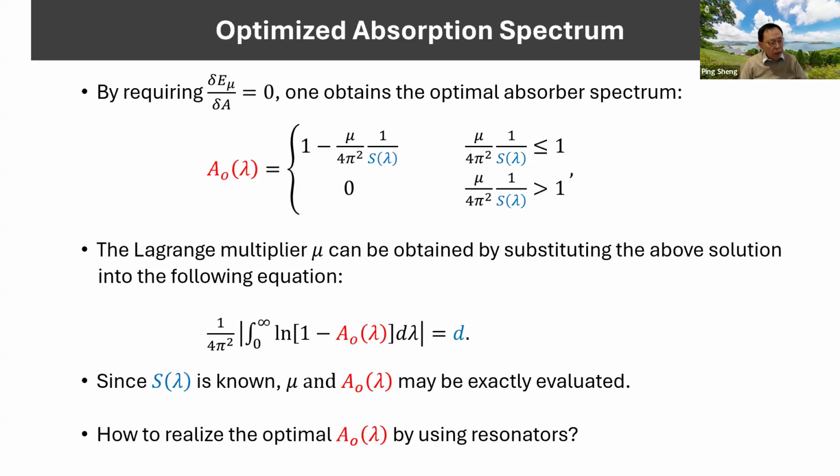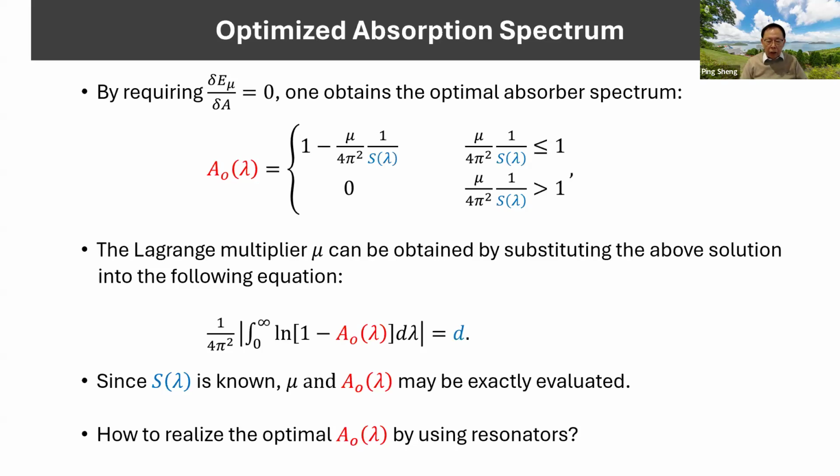Now, I want to emphasize that thickness is a very important parameter in applications, because usually for low frequency noise, especially in application, people usually have a space constraint. They don't have large space like that of an anechoic chamber to absorb the low frequency sound.